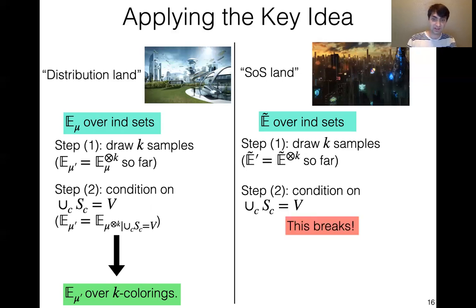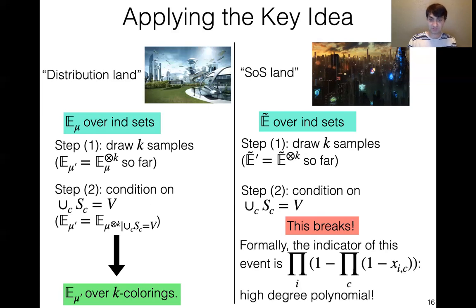So this breaks. And the reason it breaks is because conditioning in sum of squares for pseudo-expectations requires conditioning on the indicator polynomial of this event. And unfortunately, the indicator is this nasty expression. If you stare at this for long enough, you'll see this is like a degree nk polynomial. It's a very, very high degree polynomial. So this just doesn't work.